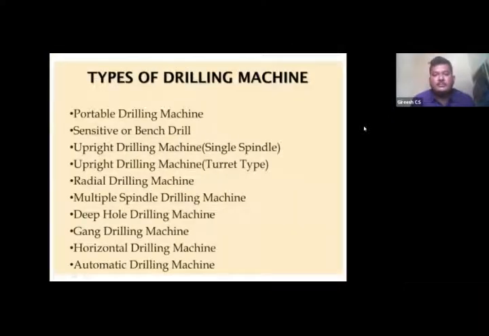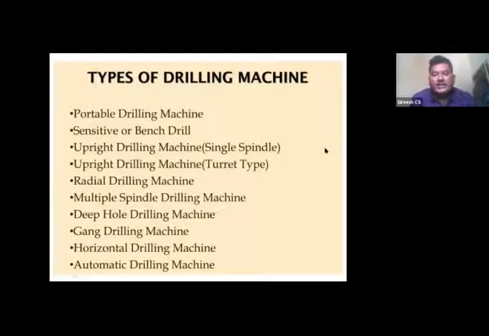Okay. Next, the types of drilling machine. So you will be having different types of drilling machine. You see here: portable drilling machine, sensitive or bench drilling machine, upright drilling machine. It is also called a single spindle drilling machine. Upright drilling machine, where you have turret type also.